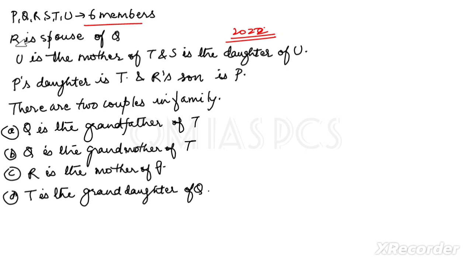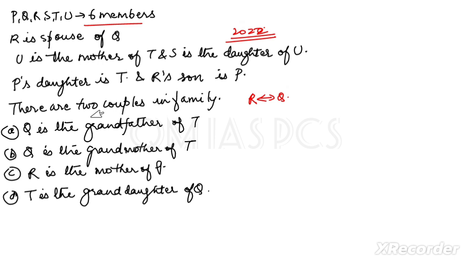Okay, so we will start from the first one: R is a spouse of Q. So we can write R is spouse of Q like this. If there is no relation for the second one, we can write it separately, there is no issue.